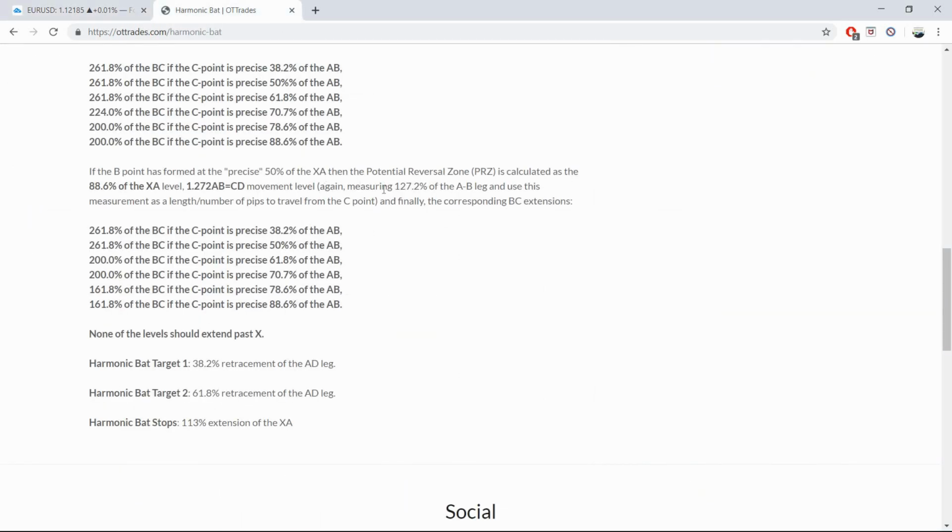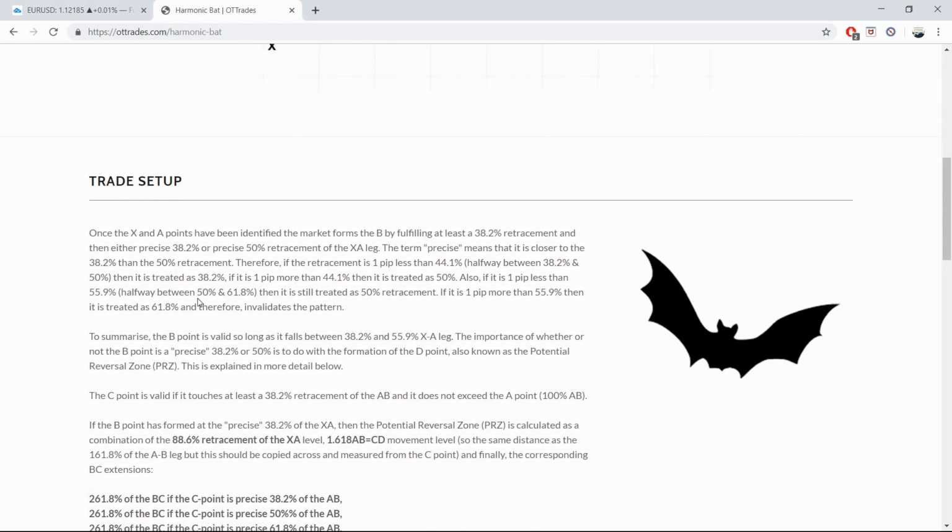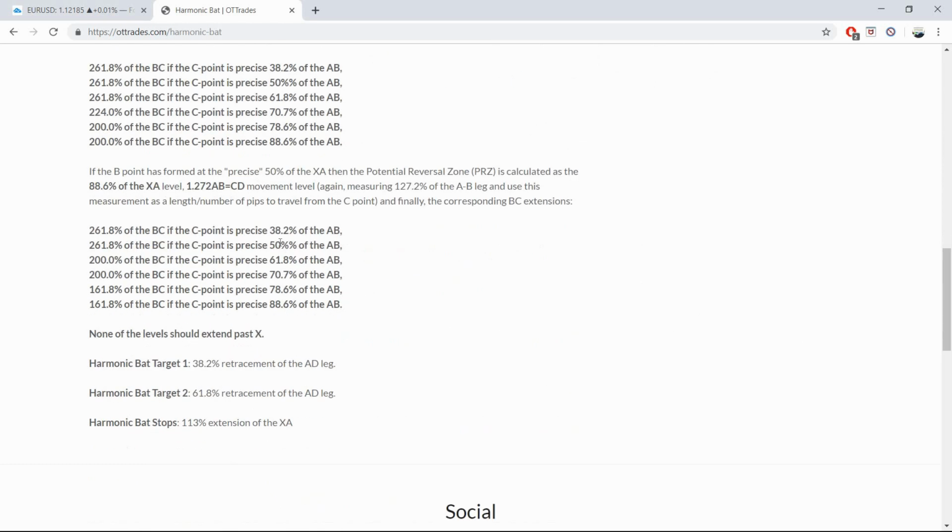And then finally, the most confusing part, the D point, the following BC extensions. So C point is a precise 38.2, C point is a precise 50%, 61.8, all of those Fibonacci ratios. Remember, the term precise means if it's closer to one than the other. So this falls at the, what was it, 44.1%.